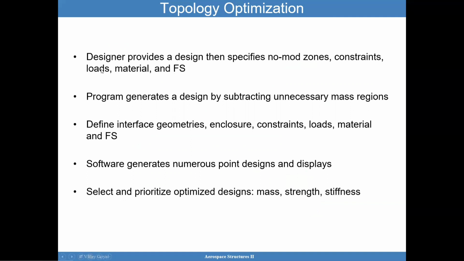You may have to subtract. The idea is to subtract the areas that have unnecessary mass because they don't conduce any stresses. You want to define interface geometries, enclosures, constraints. The software will generate numerous design points and display them, and the idea is to select the best design that balances mass, strength, and stiffness.